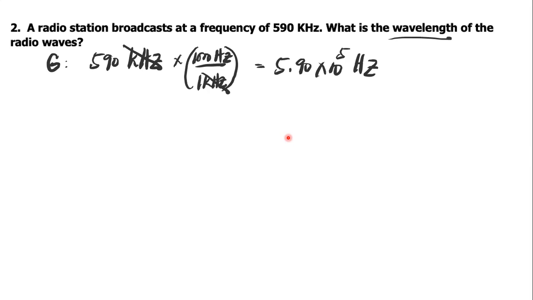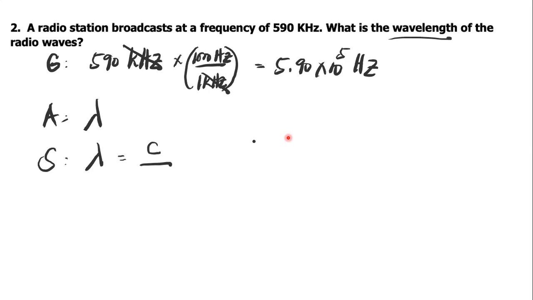Now, we are asked to solve for the wavelength. So to do that, we manipulate again the equation of the speed of light in relationship to the frequency and wavelength. So we have wavelength is equal to the speed of light divided by the frequency.